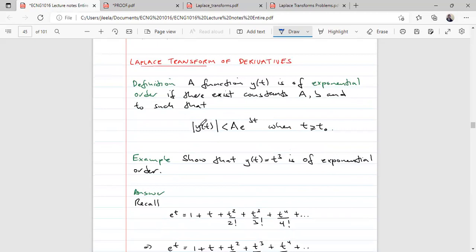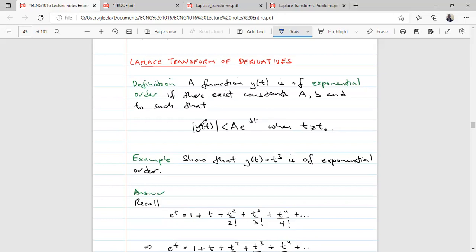Right, so now we move on to the Laplace transform of derivatives. So we look at a definition here. A function y(t) is of exponential order if there exist constants a, b, and t naught such that the absolute value of y(t) is less than a e to the bt when t is greater than t naught.